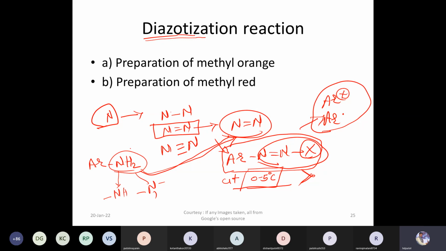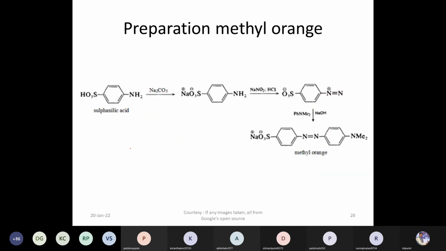With the support of aromatic amine, we are going to synthesize indicators, and these indicators are used to check the pH of a particular reaction, material or compound. So with the help of the diazotization reaction, we will prepare the indicators methyl orange and methyl red.